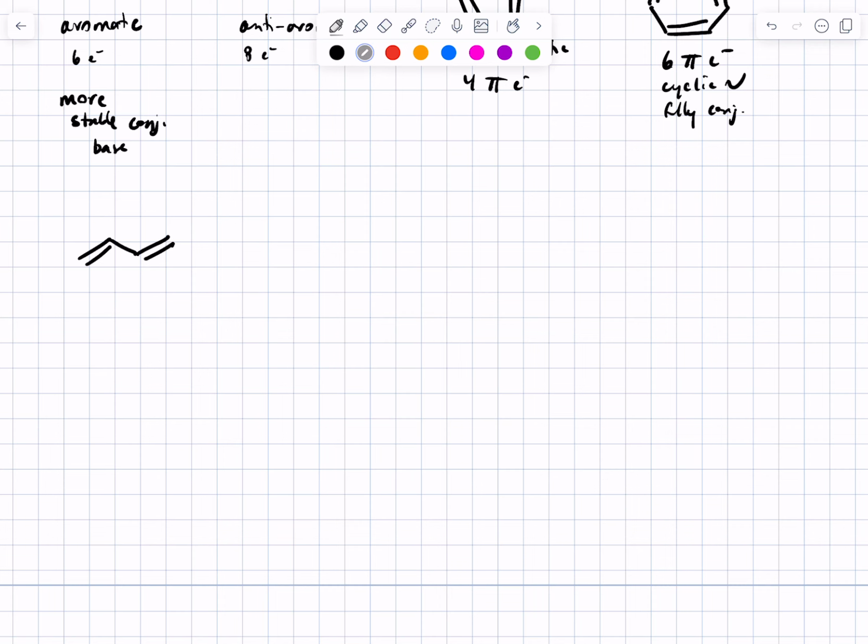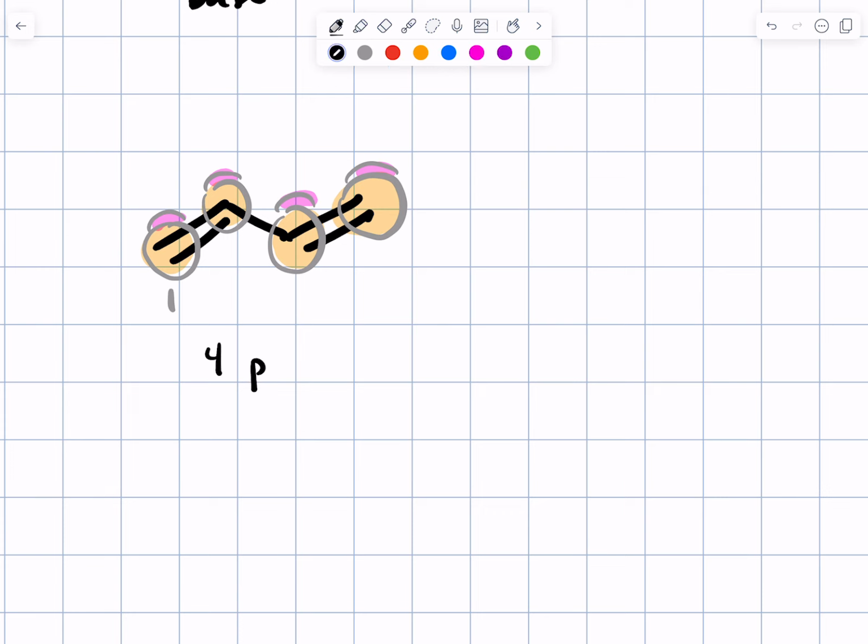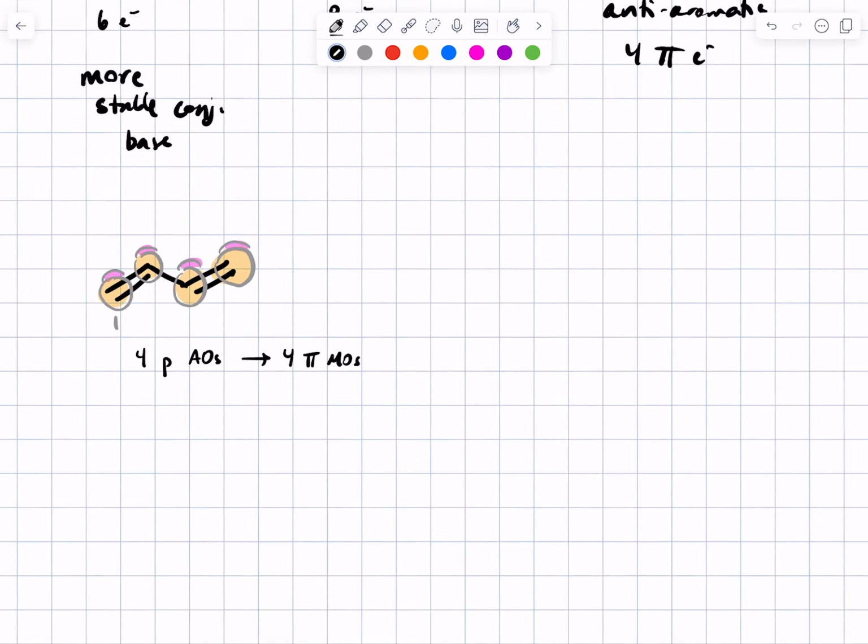I can draw some of them. There's a p orbital on carbon 1, on 2, on 3, and on 4. I'm drawing the top lobe of each of those, and then the bottom lobe is below the plane of the page. They are aligned with each other, and you can mix these 4 p atomic orbitals together to get 4 pi molecular orbitals out, right?